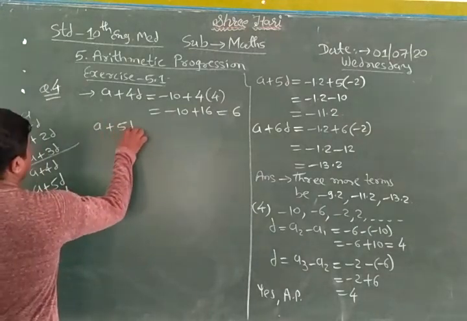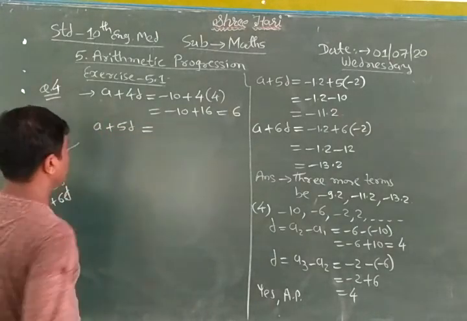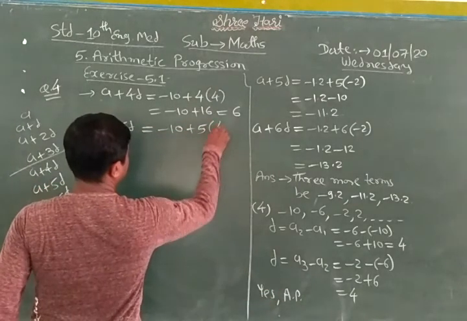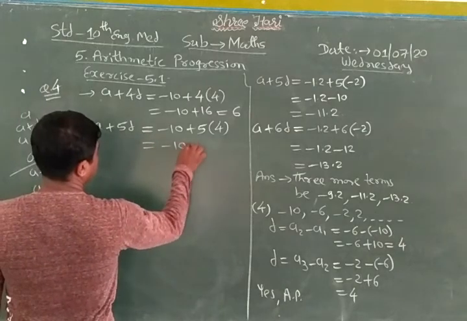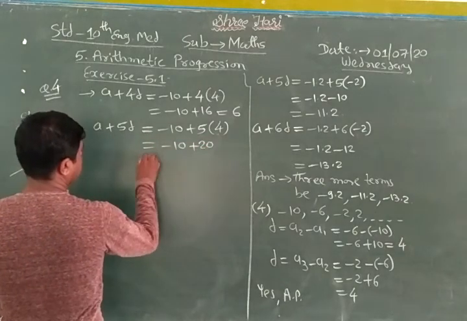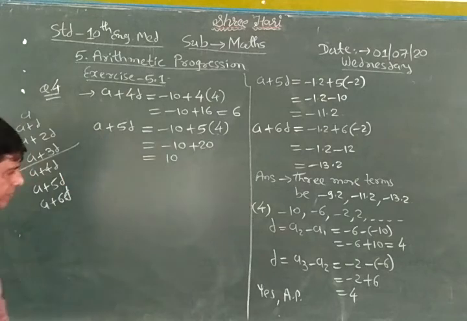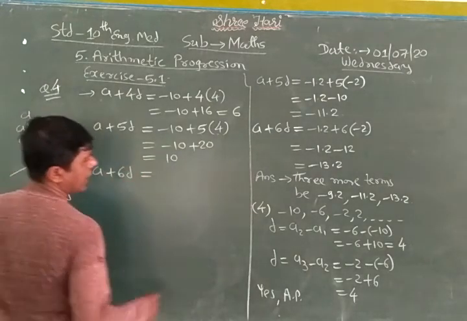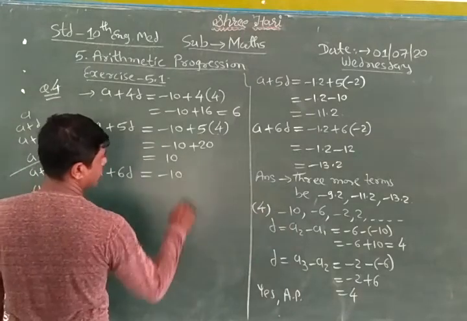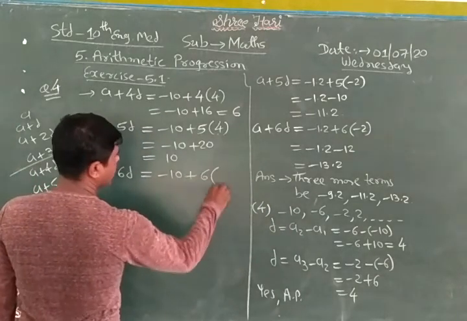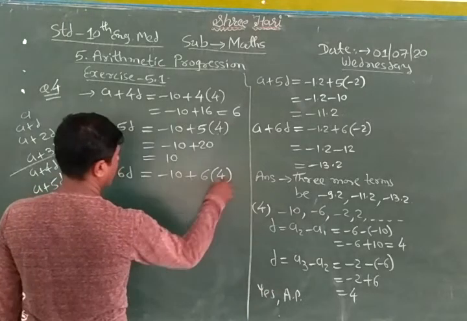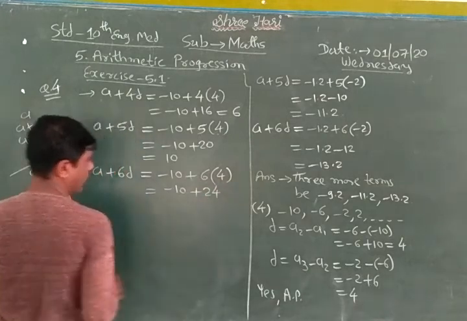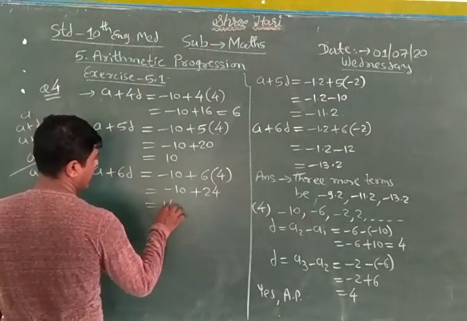A plus 5D: A value minus 10, 5, D value 4, 5 fours are 20, 20 minus 10, so 10. Now A plus 6D: A value minus 10 plus 6, D value 4, 6 fours are 24, 24 minus 10, so 14.